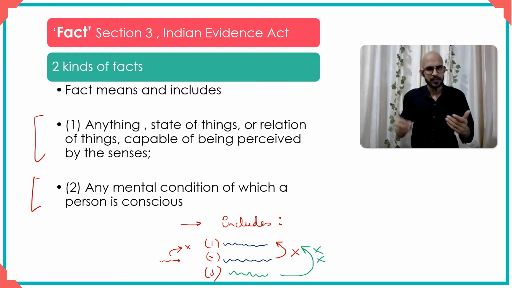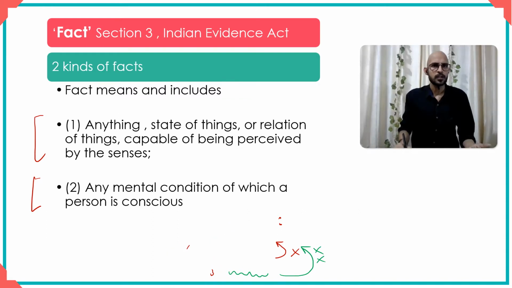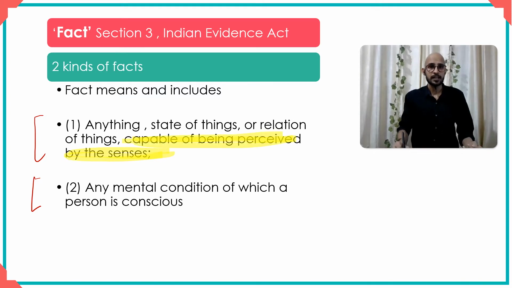Now, how do I apply this here? Well, there are a couple of things I can draw from this. I'll just perhaps talk of one of those. One of the things is that you can see in the first one here, it talks about something being capable of being perceived by the senses, right? Which means that this condition does not apply here.